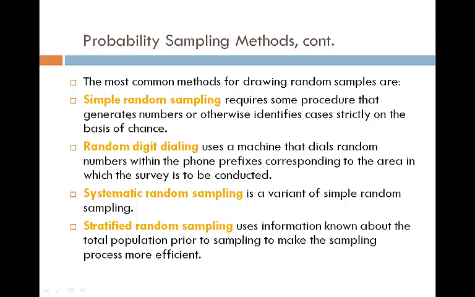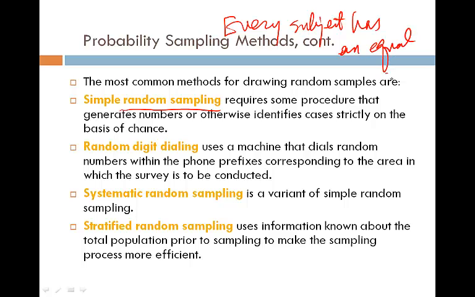I want to emphasize that simple random sampling has a major criterion, which is that every subject or object has an equal chance to be selected. This is the foundation for random sampling.